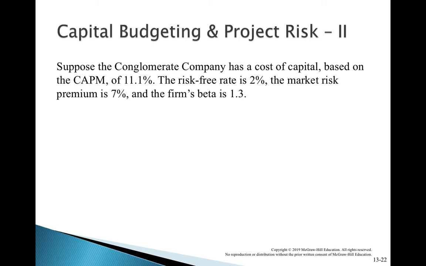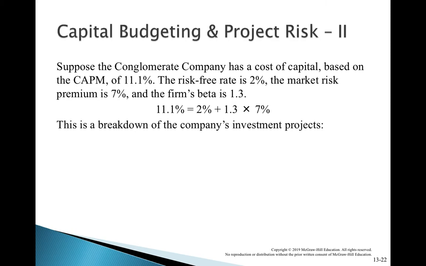Risk-free rate of return is 2% plus the beta is 1.3 multiplied by risk premium of 7%, equal to 11.1%. Alright, clear? This is the single hurdle rate or the single cutoff rate or cost of equity or cost of capital based on CAPM. Now, this is the breakdown of the company's investment projects.